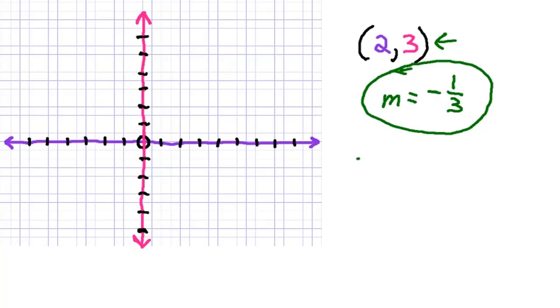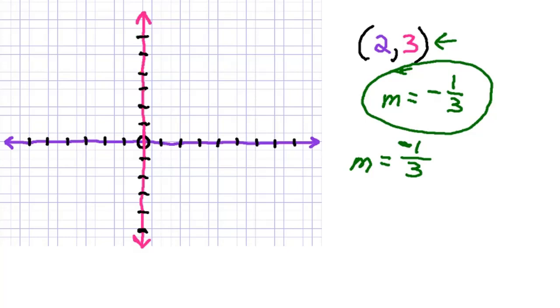Well, we can go ahead and assume that it's negative 1 over 3. If you have a negative slope, just attach the negative to the top number. Don't make both numbers negative. Don't make a negative 1 and a negative 3. Just make one of the numbers negative. And I'm just going to make the top one negative, the 1 negative for the slope.